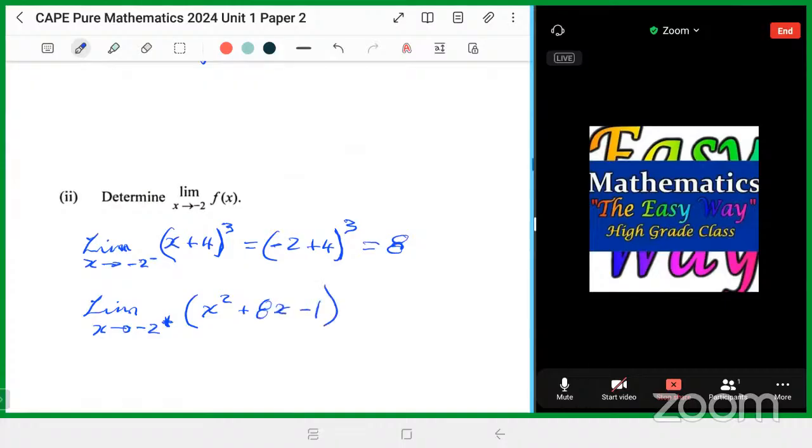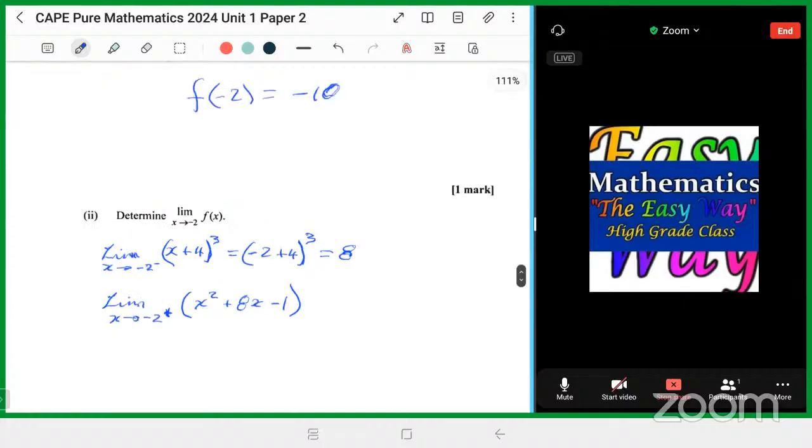That becomes -2 squared plus 8 times -2 minus 1.